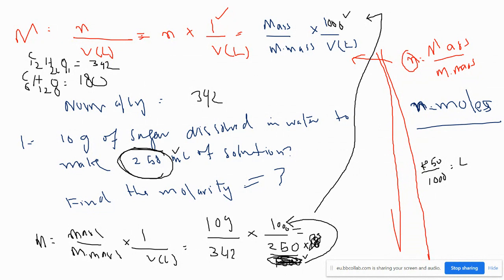If you write 1000 up here, it is in milliliter; you cannot write in liter. That's why the formula is mass divided by molar mass, into 1000 divided by volume in milliliter. The formula comes from this one. Okay, let's go for this equation again in the next slide.